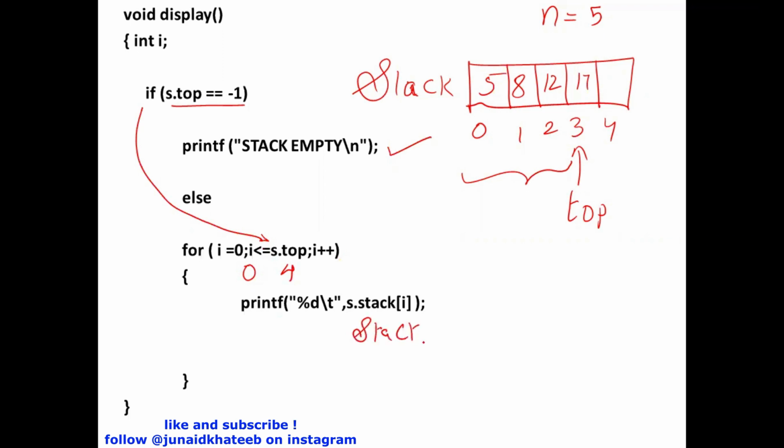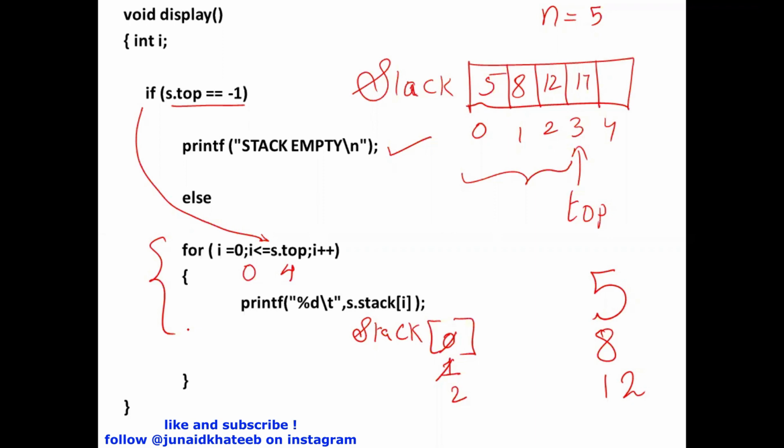First i is 0, so stack 0. What is the value at stack 0? 5. That will get displayed. Then i becomes 1, so stack 1 will get displayed. Then i becomes 2, so stack 2, I'll get this value, and so on. So this is how you'll display a stack. This is a normal loop that we generally write while working with an array. This is pretty much displaying an array.